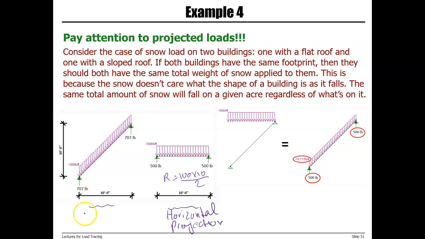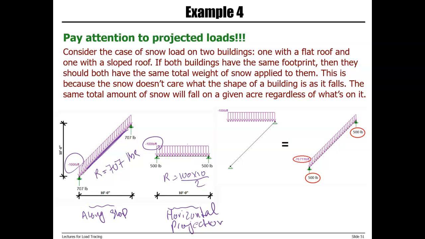But if we assume the load is along a slope and then do the calculation for reaction, same load, 100 pound on a flat surface, 100 pound along a slope, then the reactions are 707 pounds, because this length is larger than 10 feet.